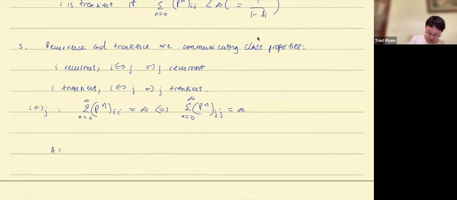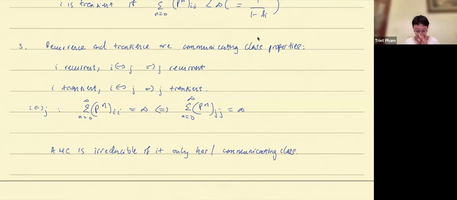We say that a Markov chain is irreducible if it only has one communicating class. Basically this is the definition.